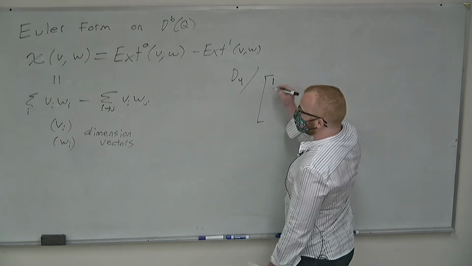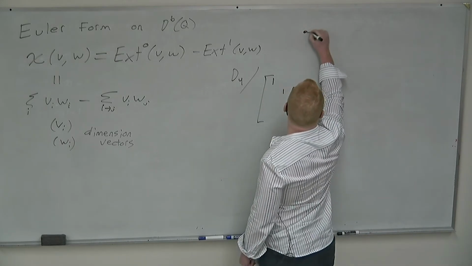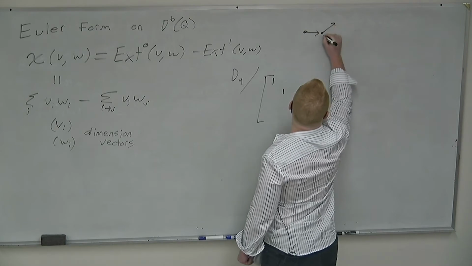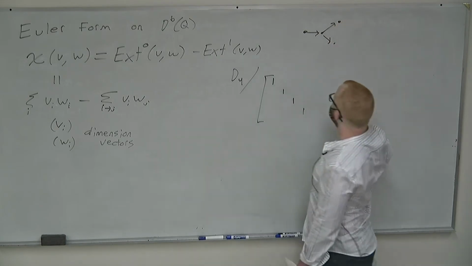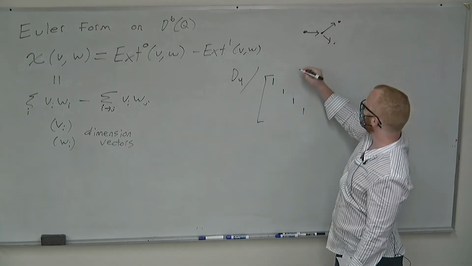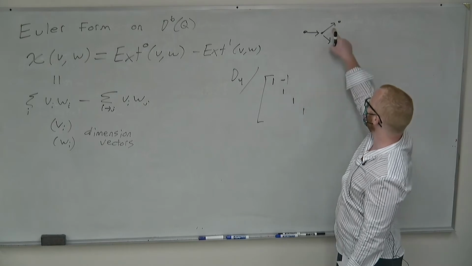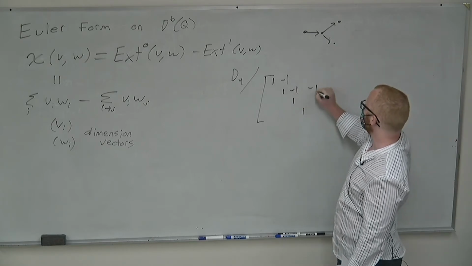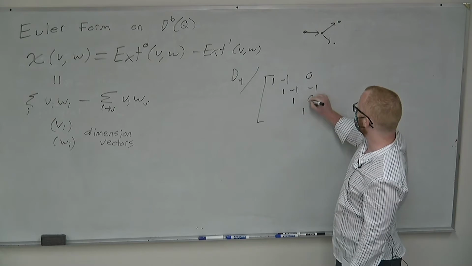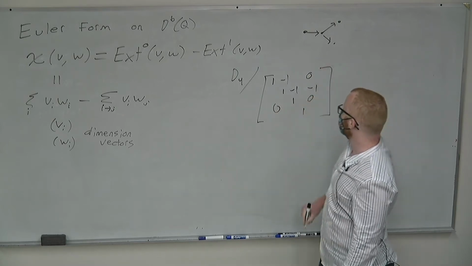And because the quiver looks like this, you'll get a -1 here, just from this arrow, a -1 here, a -1 here, and then the rest are zeros.